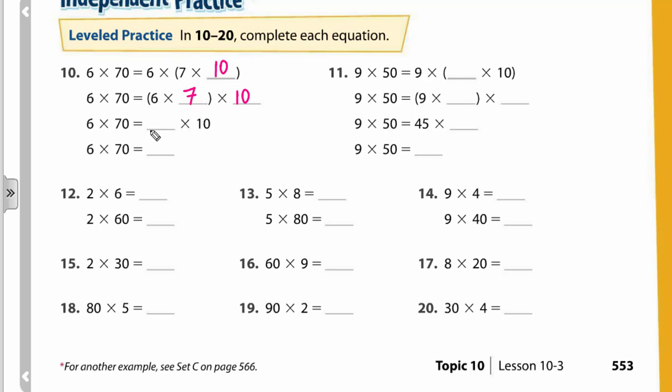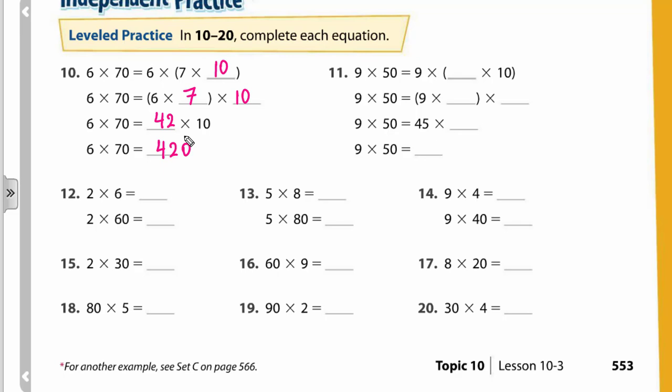Then 6 multiplied by 70 equals 42 multiplied by 10. So we multiply the 6 by 7 to get 42. And the last step, 6 multiplied by 70 equals 420. Great work, Hassan. Thank you, my hero.